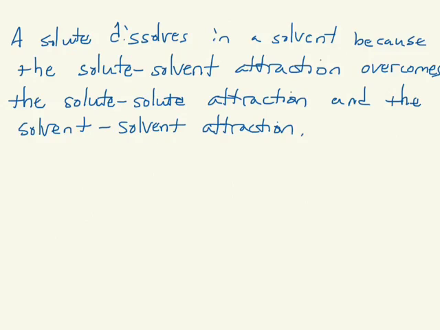It has to overcome both. And I know what some of you might be thinking: Mr. Markey, did you just say the ion-dipole is stronger than ionic? Well, I did say that, but it's not. We have to look at one other aspect of this. If you're thinking that, good thought, because that's kind of the problem. How can that actually happen? There's something else that also causes a solution to form. We'll get into that in a quick moment.